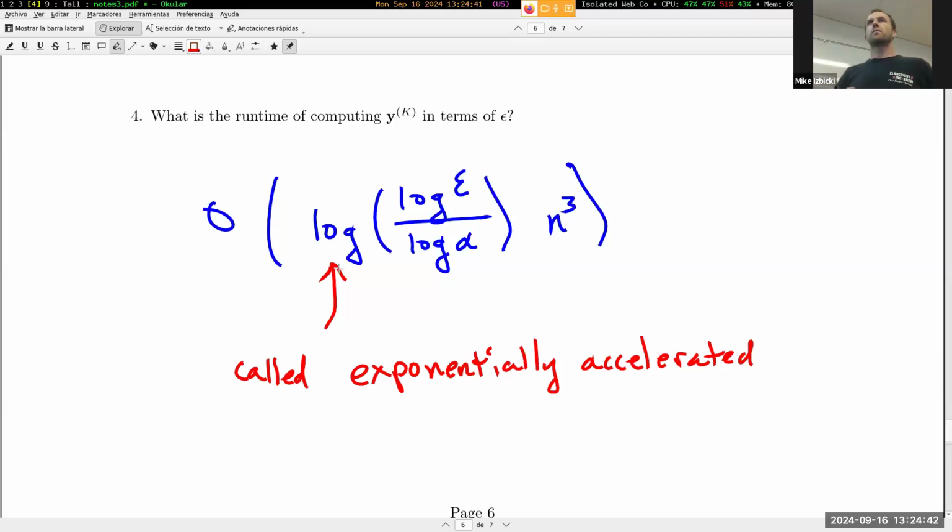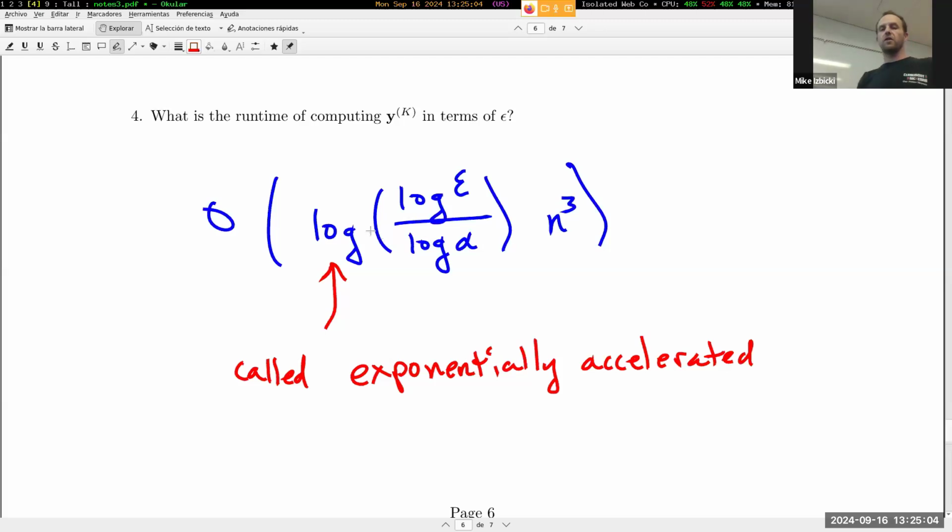So with the cubic term there, is the log enough to offset that? Yeah, that's a good question. This log is going to shrink this part over here a lot, but this log is not being applied to the n value over here. Is this exponential acceleration a good algorithm?